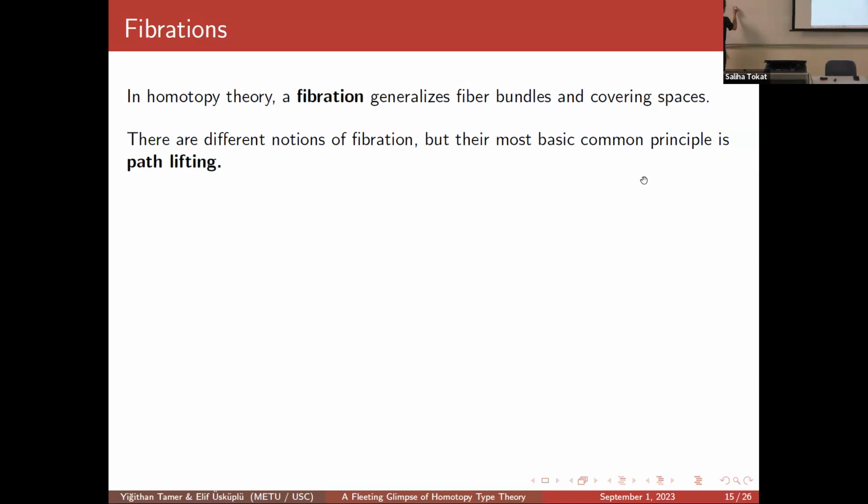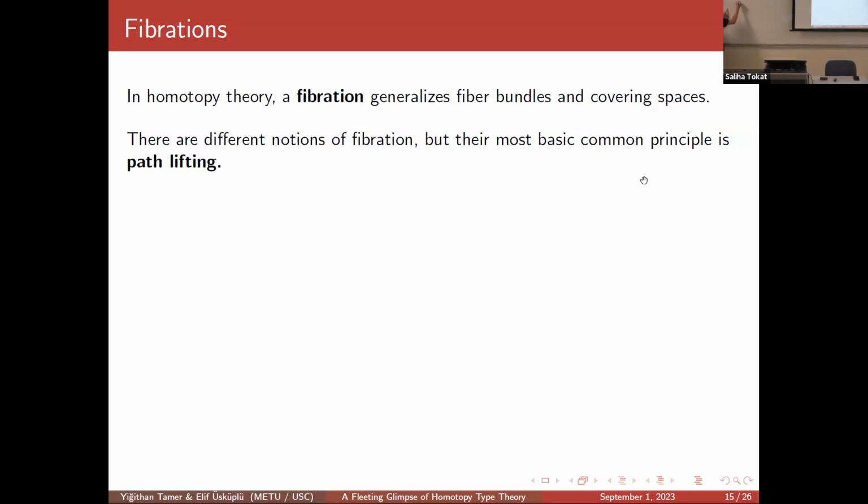So suppose you have S1, the circle. And let's have a fibration. So it goes like this, and it comes back. Apologize for the drawing. So it travels around and comes back.